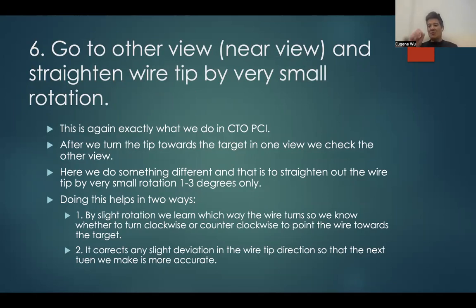Number 1, when we rotate very slightly, we learn which way the wire turns towards the target, whether it's clockwise or counterclockwise. Then we don't need a mental map or 3D image to know which way to turn. Also, it corrects any slight deviation of the wire tip so that when we turn the precise number of degrees later on, the wire is precisely accurate.